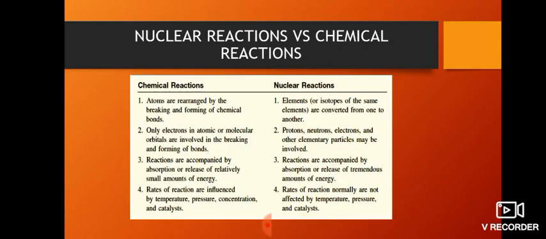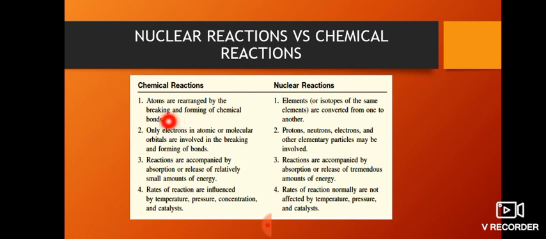The last thing we'll talk about today is comparing nuclear reactions and chemical reactions. You have to note the differences between chemical reactions and nuclear reactions. It is a likely examination question. In a chemical reaction, like I said before, atoms are rearranged.